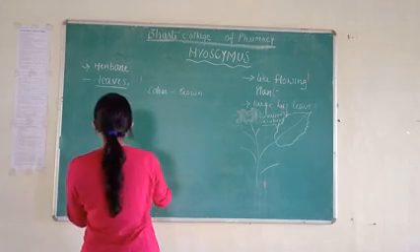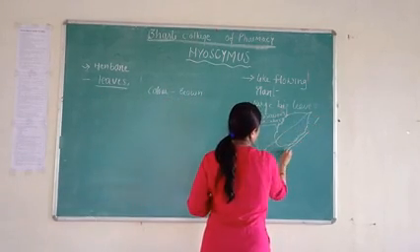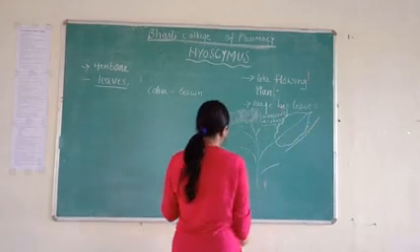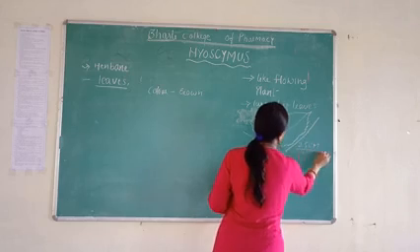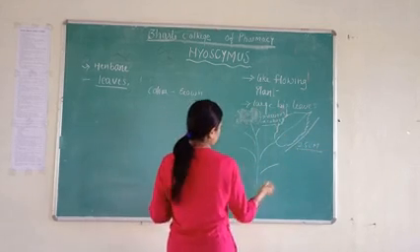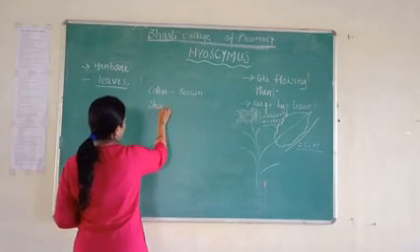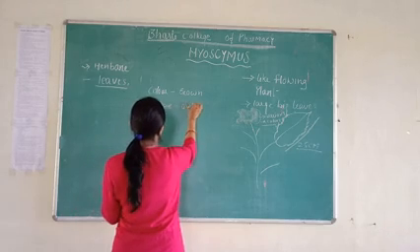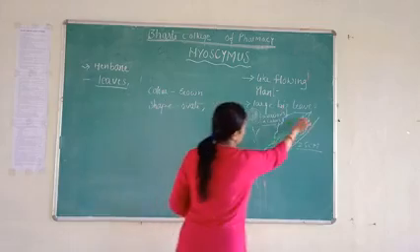Next, its length should be 25 centimeters, and its shape is ovate and acute. Acute means its apex is acute.